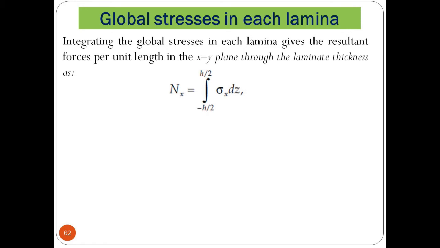If you remember the figure for the stacking sequence, the thickness of the laminate varies from minus h by 2 to h by 2. So the resultant force per unit length Nx becomes the integration from minus h by 2 to h by 2 of sigma x dz.